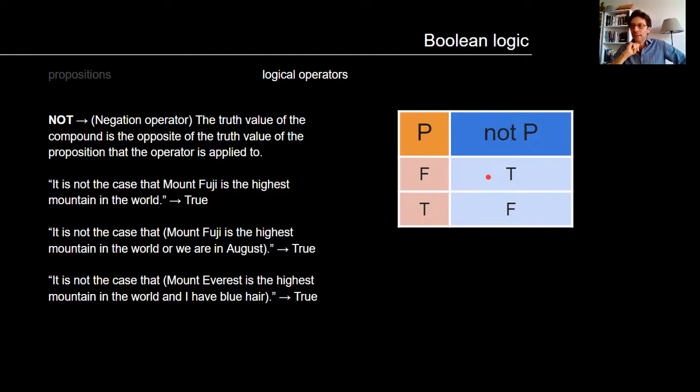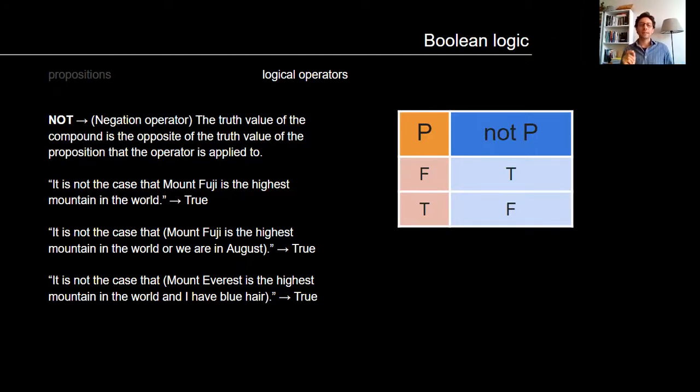You might immediately ask this question: okay, within the parentheses, P was standing for Mount Fuji is the highest mountain in the world. Now you call the whole sentence in the parentheses P. That might be complicating if you have never dealt with variables, or if you forgot your polynomials that you learned in high school.